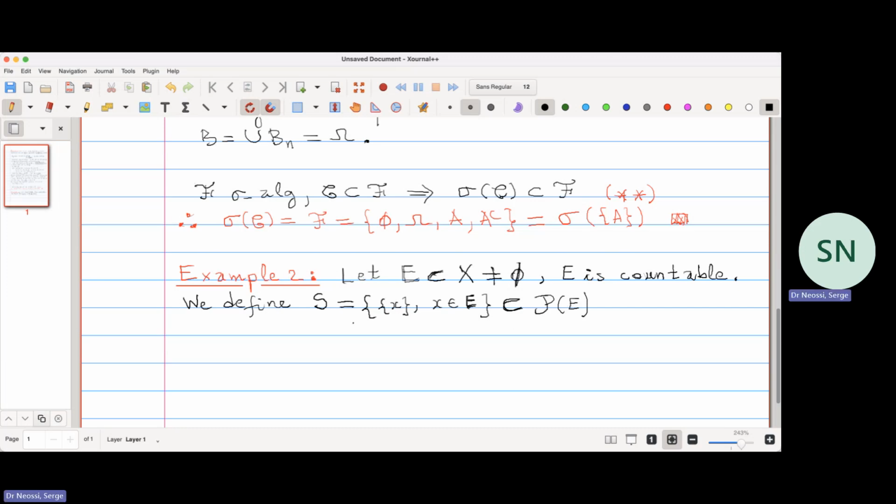Why? Because if I take an element here, let's say A, an element of S, it implies that we can find an element of E such that... okay, this is the simplest case, but it can be more, right?